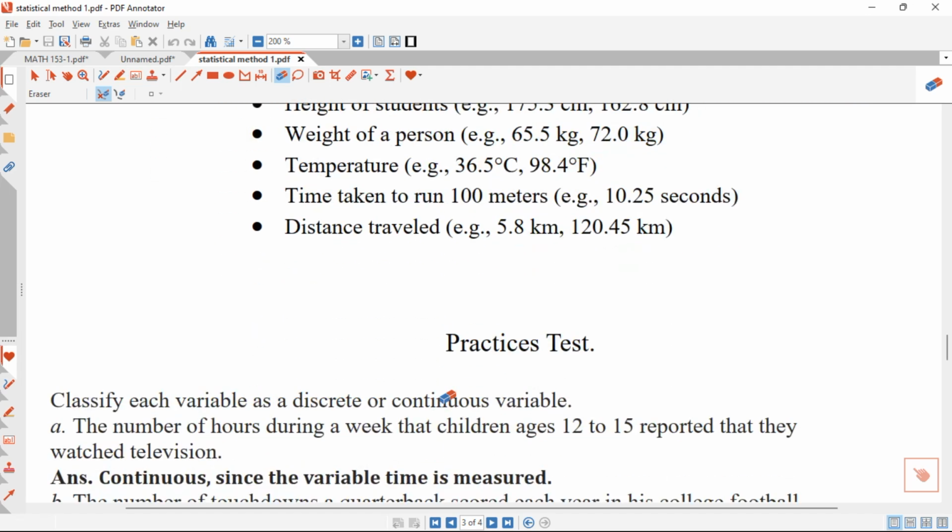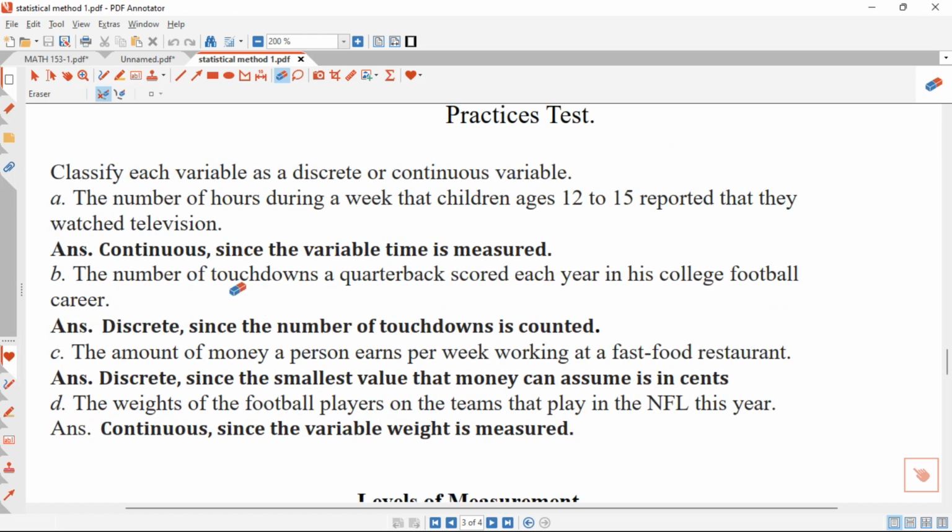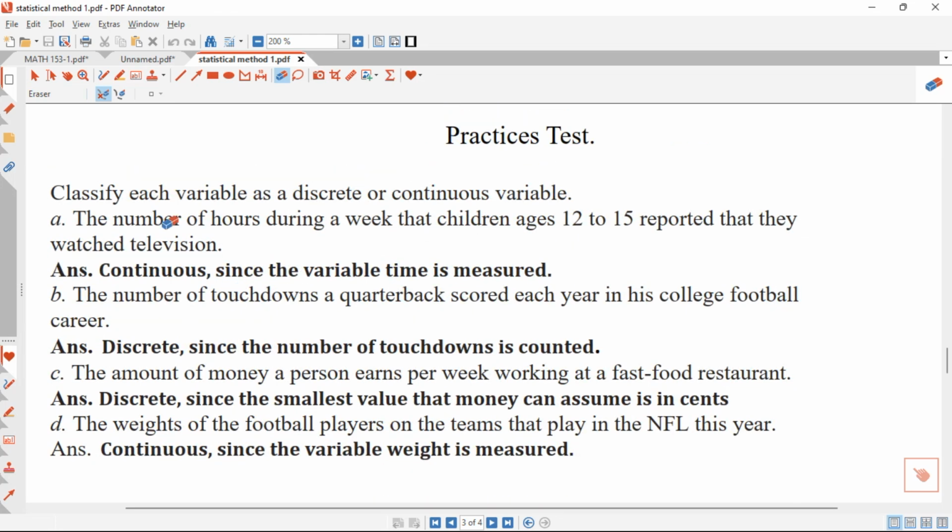Let's go through some practice tests. These are practice tests that we have here. It says classify each variable as discrete or continuous. A says the number of hours during a week that children aged 12 to 15 reported that they watch television. These children are using some hours to watch television.